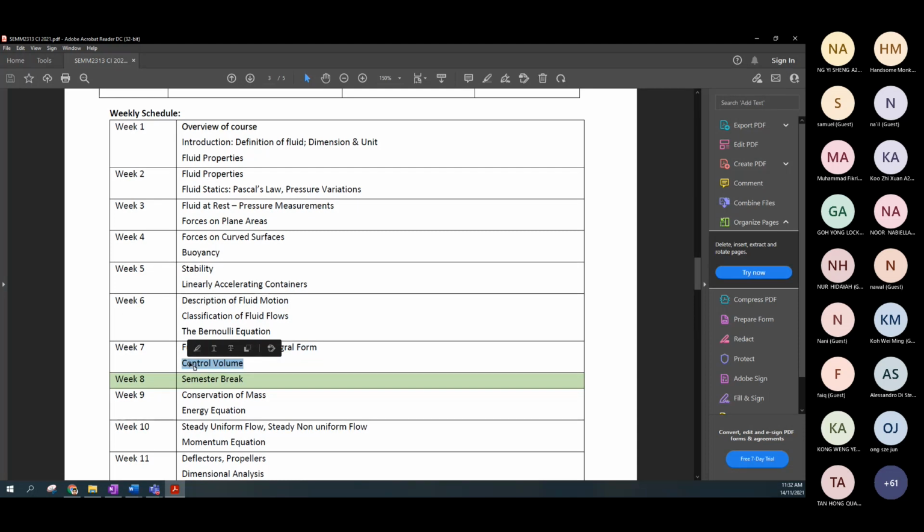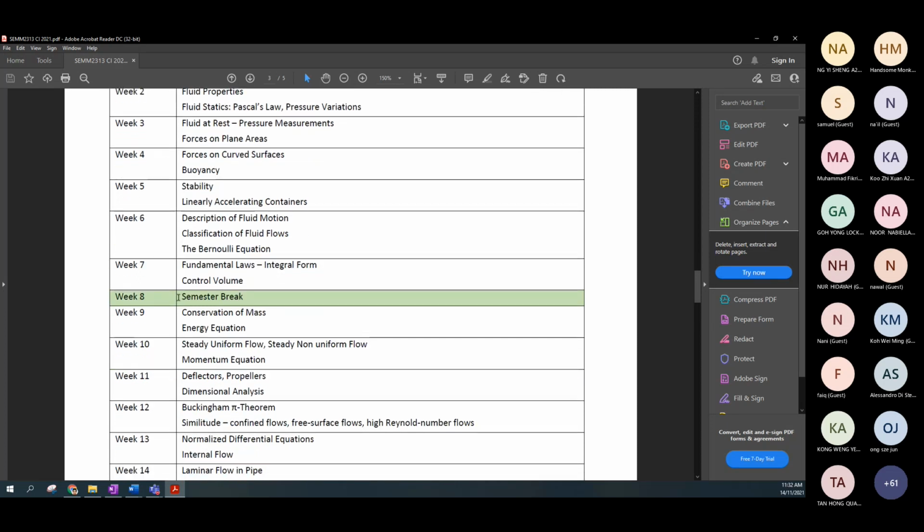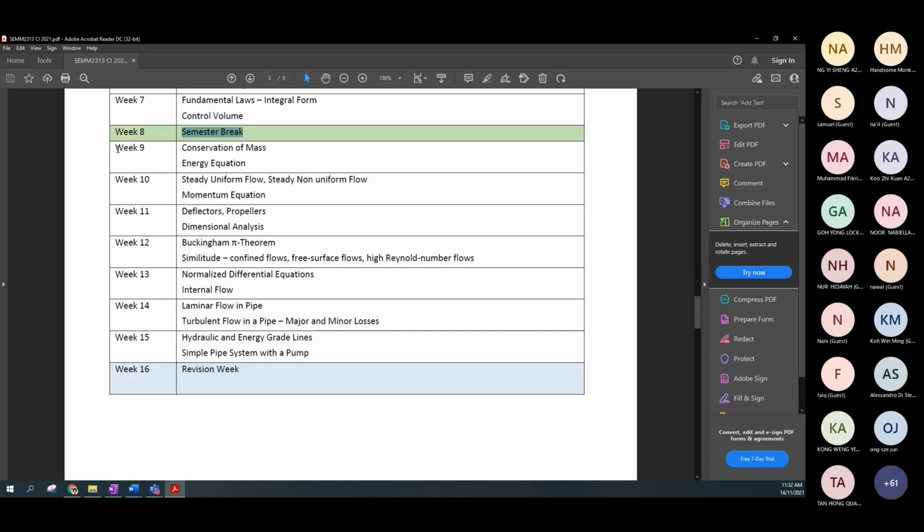Remember, the summation of mass input in terms of flow rate equals the mass flow rate output. Then we will have the semester break, and then the lecture will be taught by Encik Nur Musa, my partner, who will give you a lecture on conservation of mass and energy.